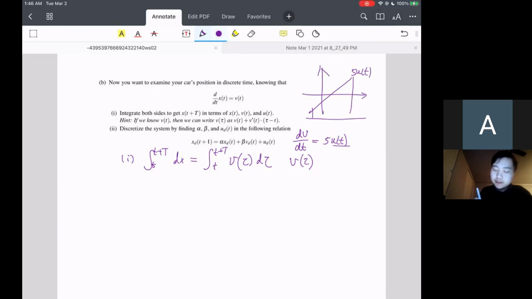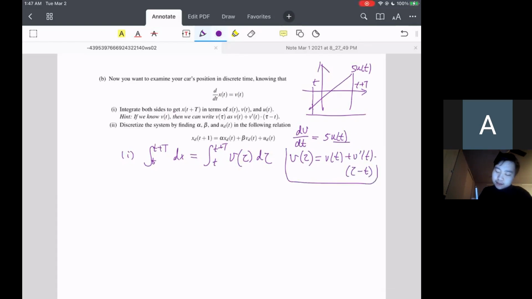So let's say this is t, and this is t plus T. Obviously, we can't have a negative t, so this is a little bit sketchy, but it should do it. Since the slope is constant, we see that v of tau is equal to v of t plus v prime of t times tau minus t.